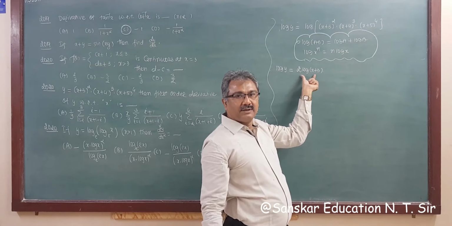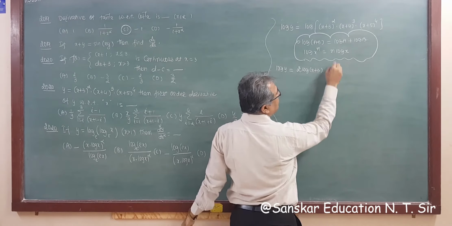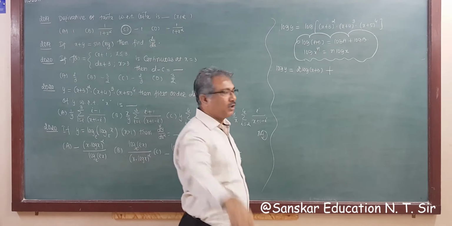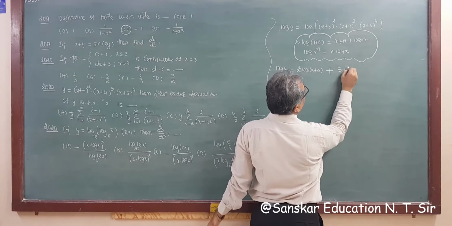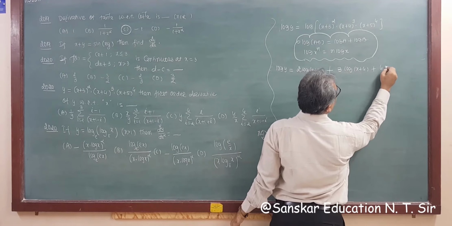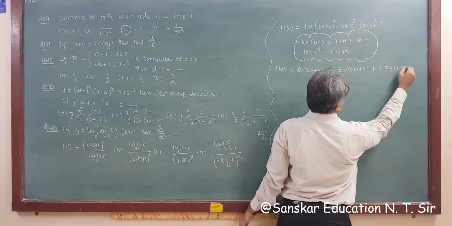Similarly plus, applying log AB is log A plus log B, 3 times log (x plus 4) and 4 times log (x plus 5).